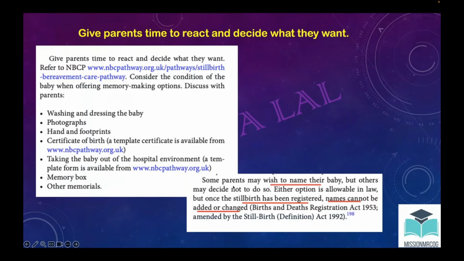If the parents wish to name their baby, they can, and the stillbirth registration has to be done with the same name. The name cannot be changed or added later on. I have put this in for when you do your role play stations.